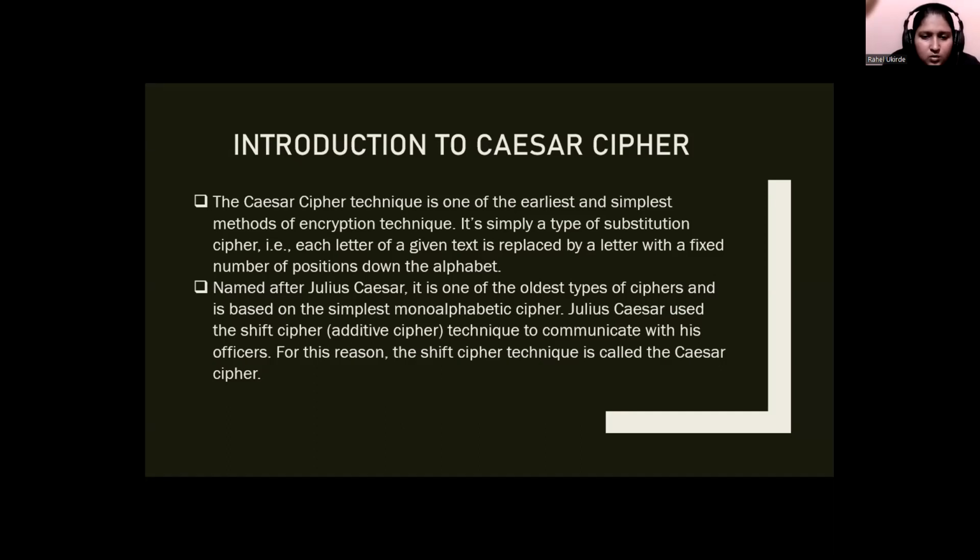It is one of the oldest types of ciphers, and it is based on the simplest monoalphabetic cipher. It was Julius Caesar who used this cipher technique to communicate with his officers, which is why it is known as Caesar cipher.